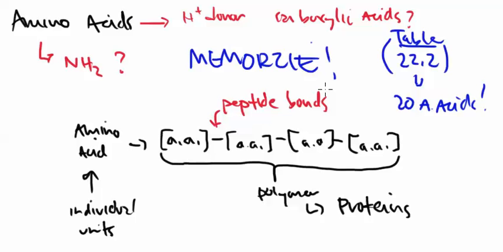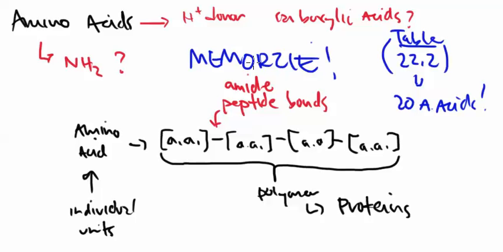Now, another word they could use instead of peptide is amide, because we're actually going to see that it really truly is an amide bond. But pick your poison. It doesn't really matter which one you use, amide bond or peptide bond. You're explaining the exact same thing. It is a bond that holds the two amino acids together.